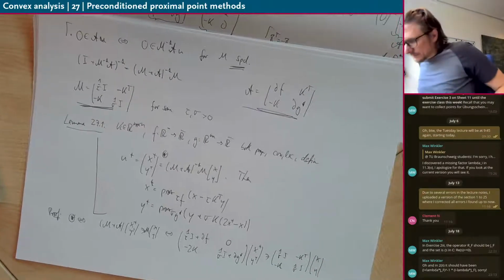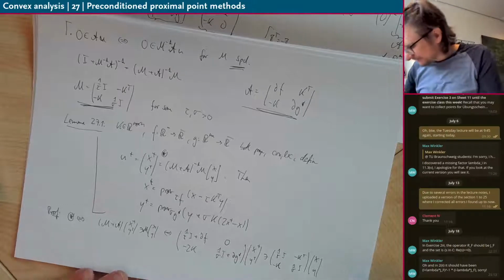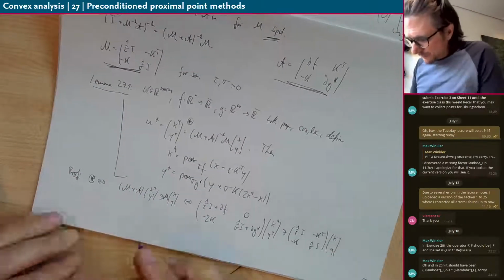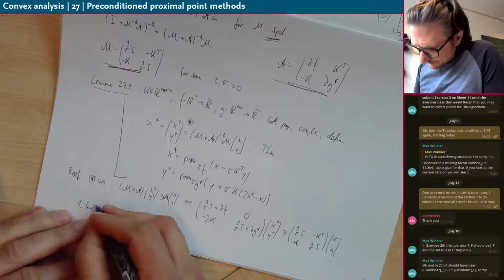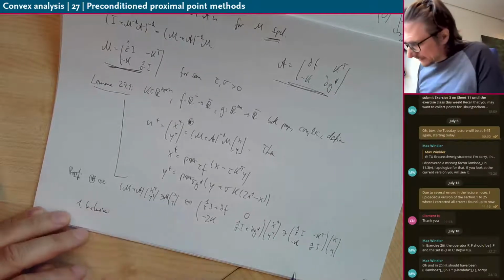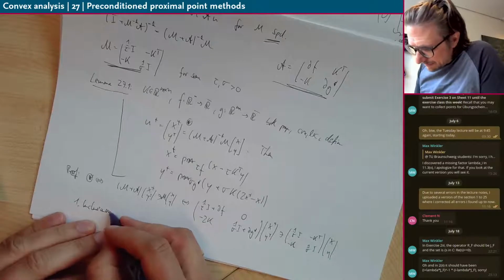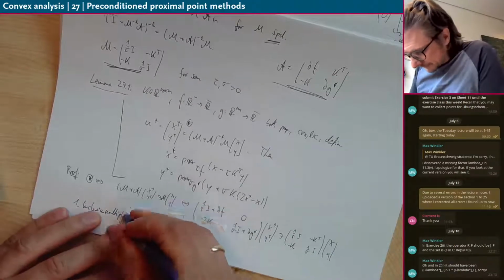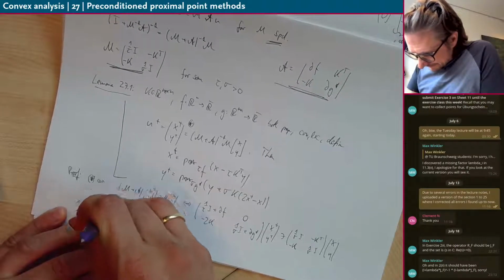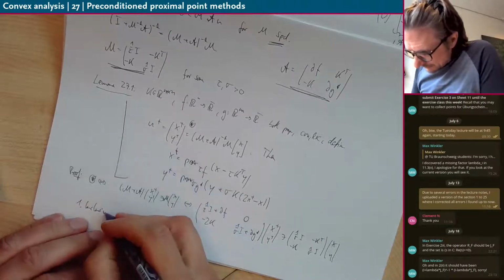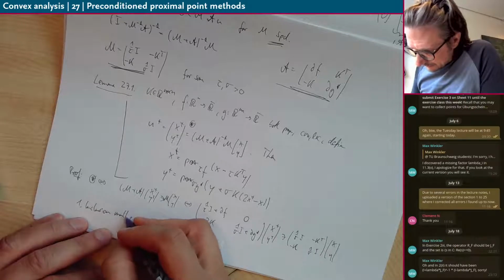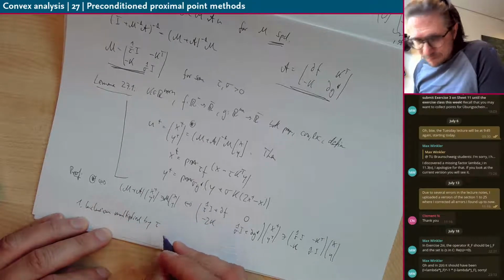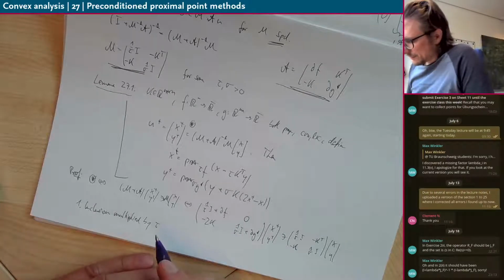Okay, now we treat the two inclusions one after the other. So the first inclusion, we multiply it by tau, which is positive, so this doesn't destroy anything.